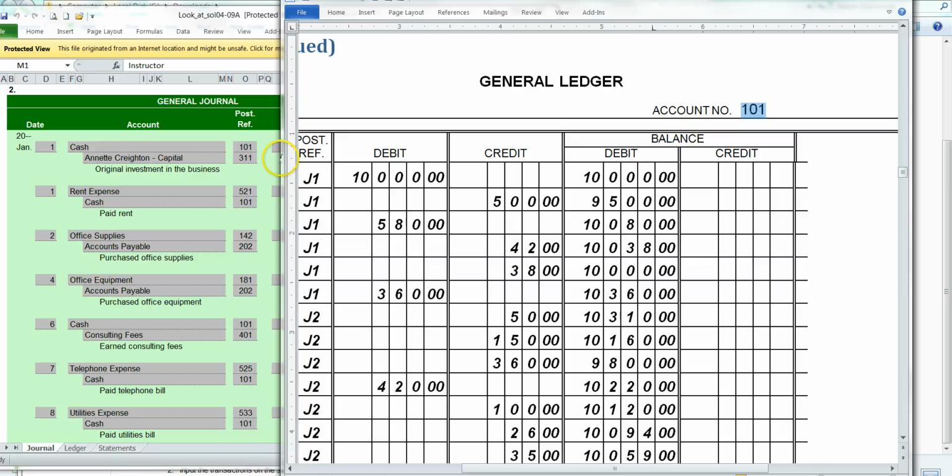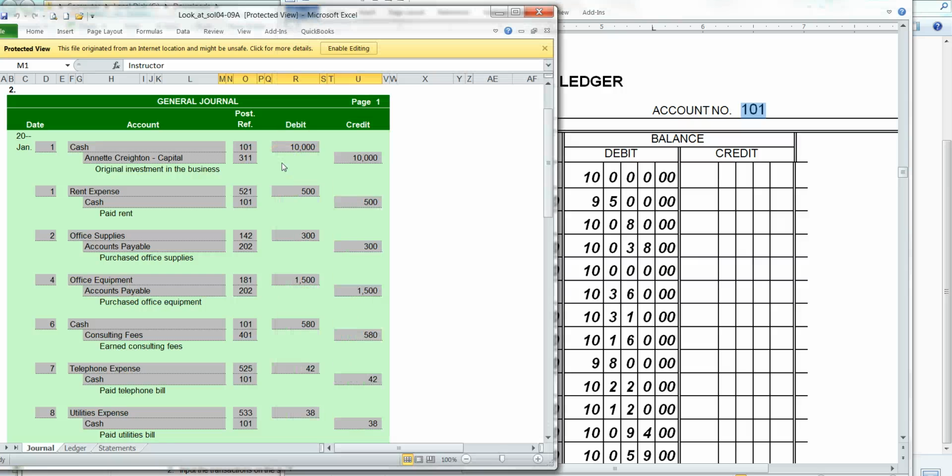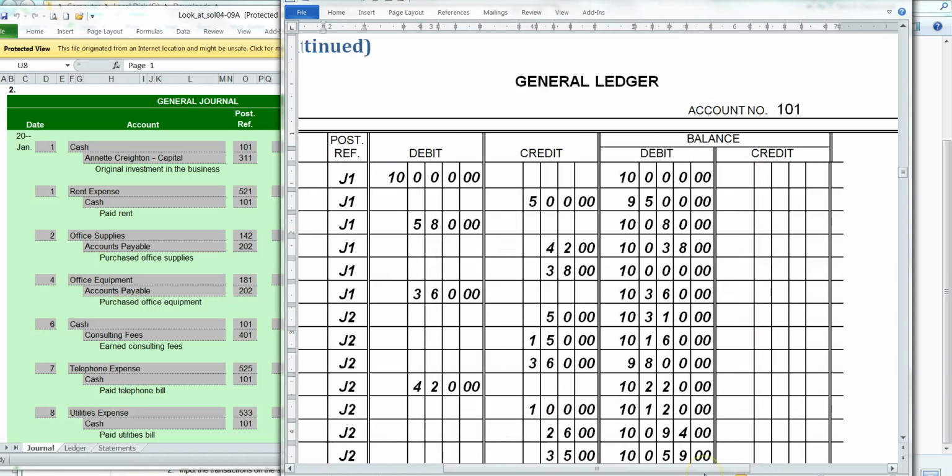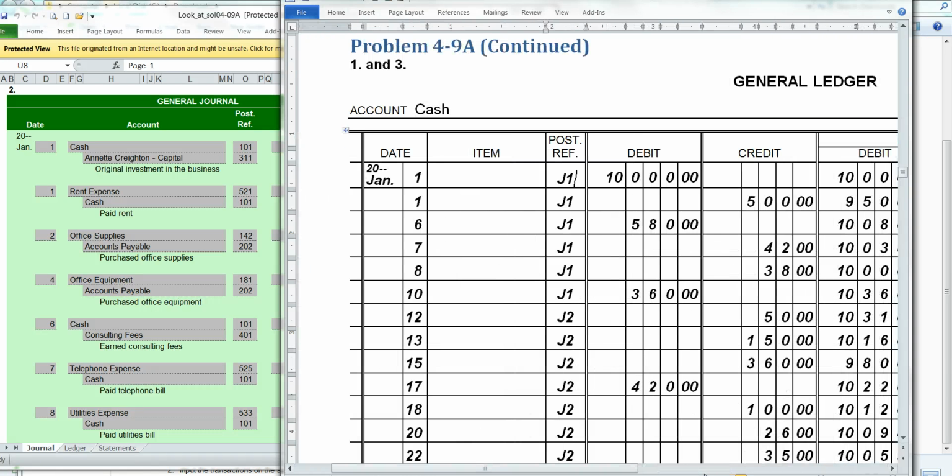And we're going to reference, this was general journal page 1, J1. We record the date, and it's always for 1 month, so January 1st. And we debit 10,000.